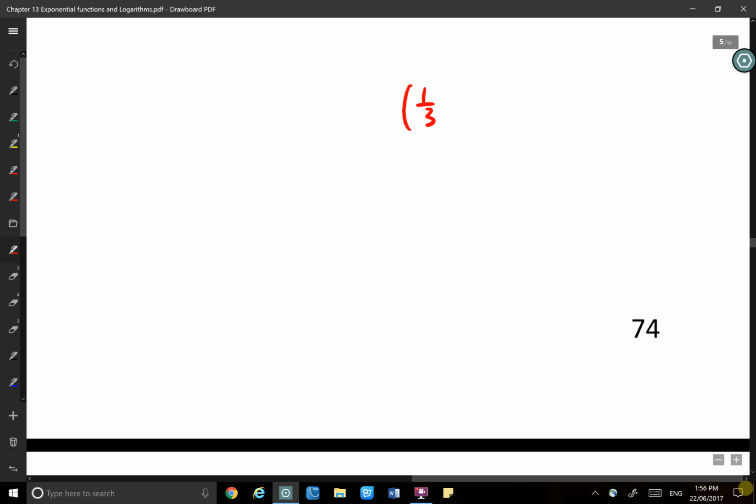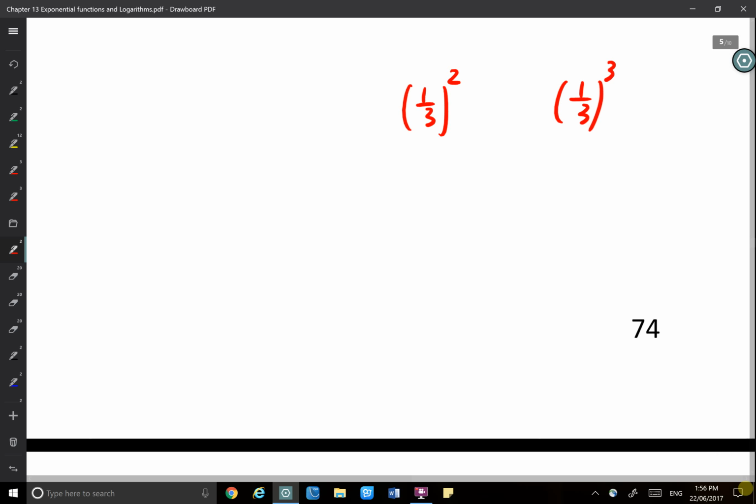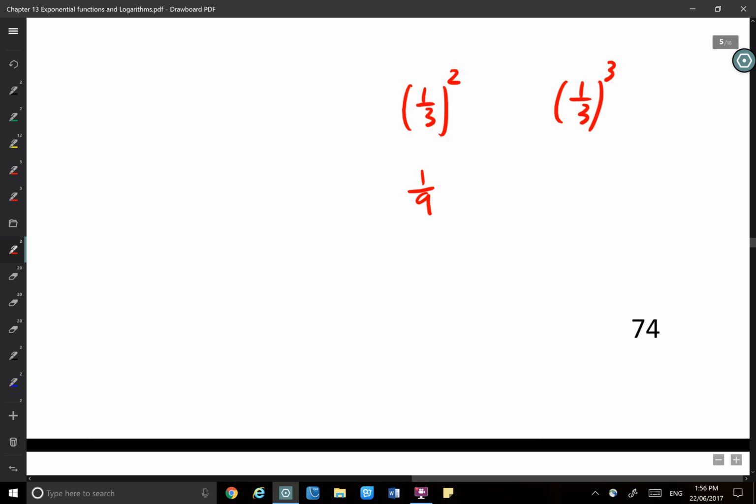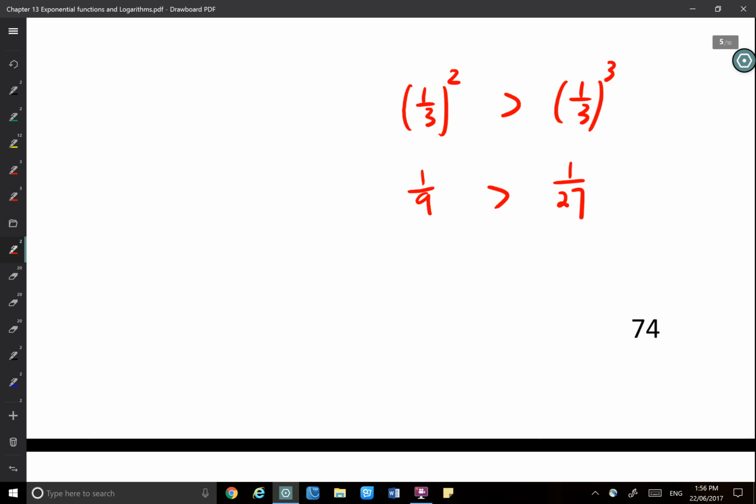Think about a third. Let's say a third to the power of 2 and a third to the power of 3. What's the result? 1/9. Which one is larger? The sign is like that: the smaller the power, the larger the result.